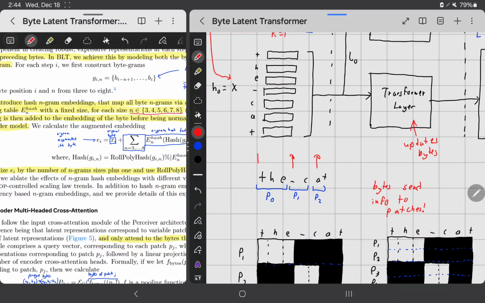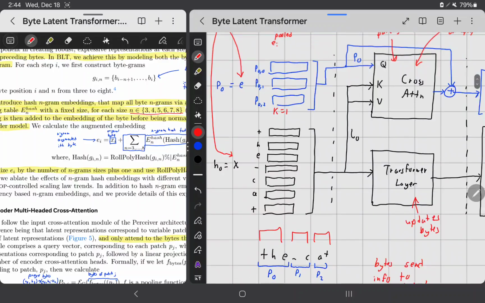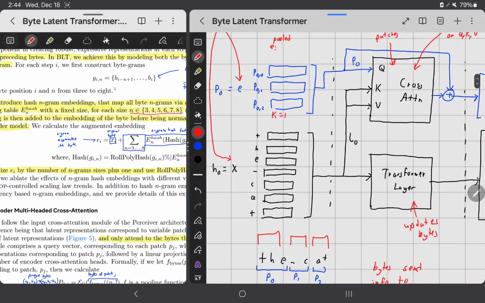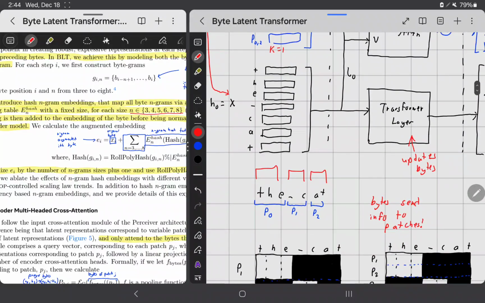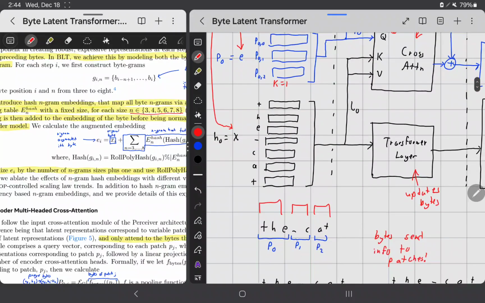So this is patch 1 here, this is patch 2, and this is patch 3. These patches just represent the number of patches that our entropy model said we had in our sequence.